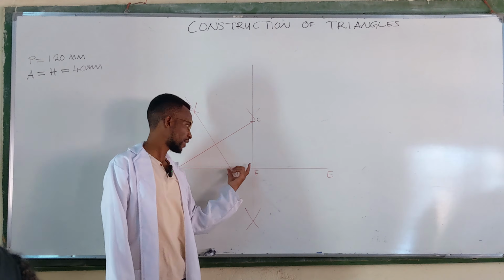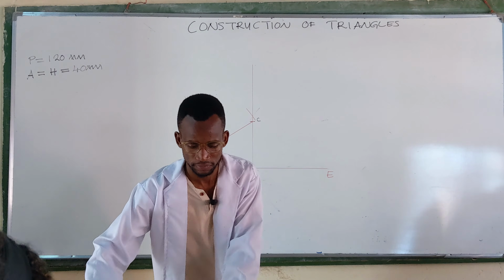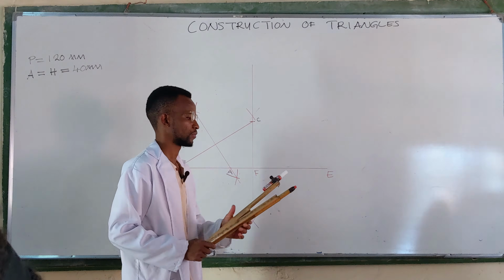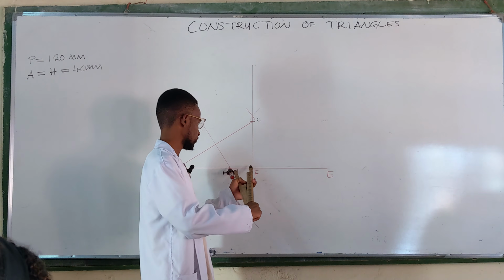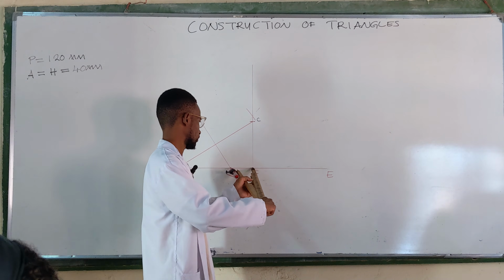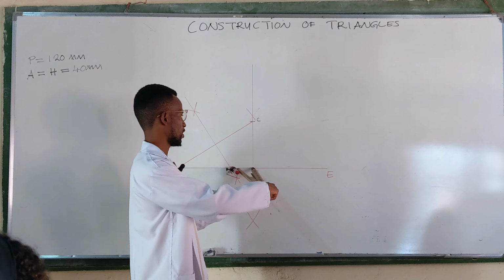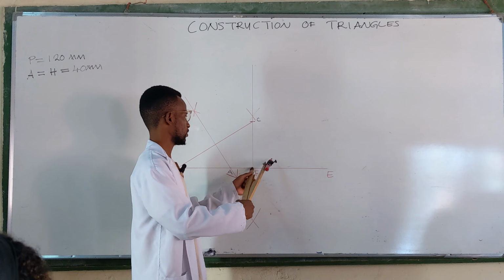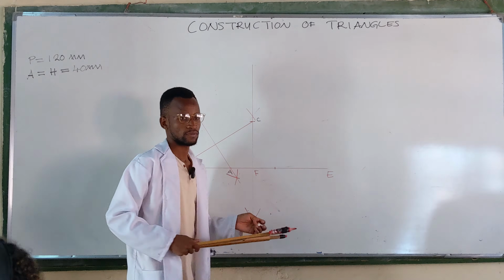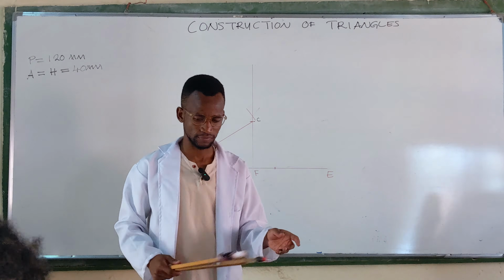We just get this distance with the compass. Just get the distance AF and then do that.